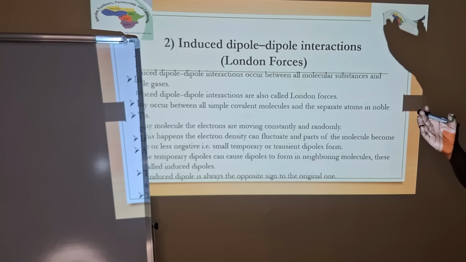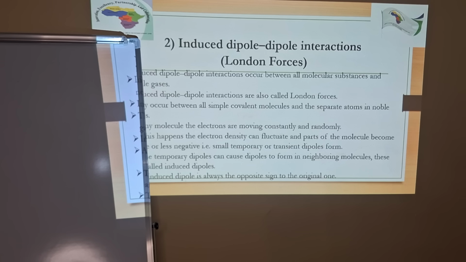As this happens, the electron density can fluctuate and parts of the molecule become more or less negative. That is, small temporary or transient dipoles will form. These temporary dipoles can cause dipoles to form in neighboring molecules, and these are what we call induced dipoles. Generally, an induced dipole will be of an opposite sign to the original dipole, leading to induced dipole interactions.